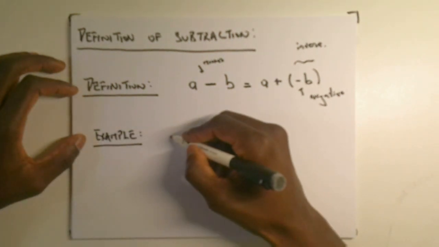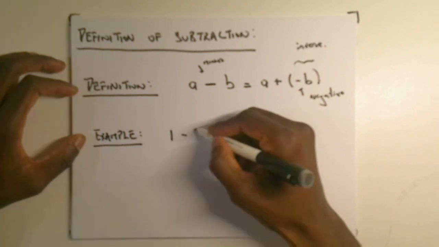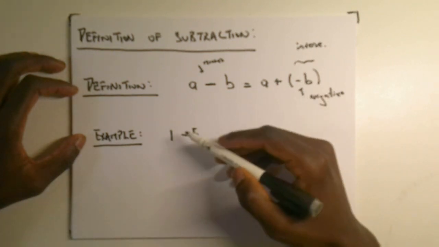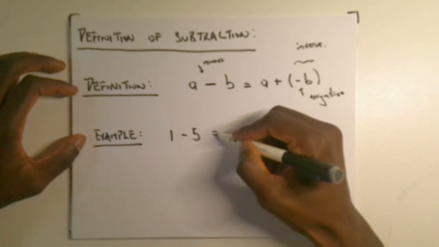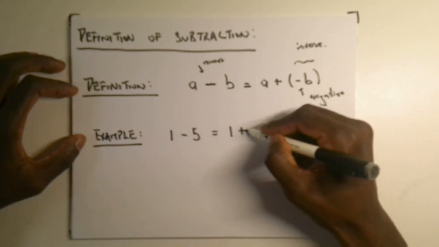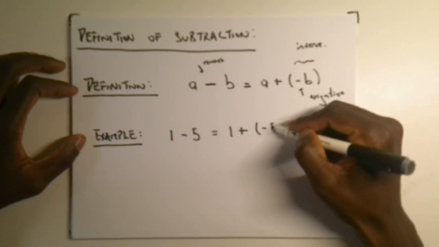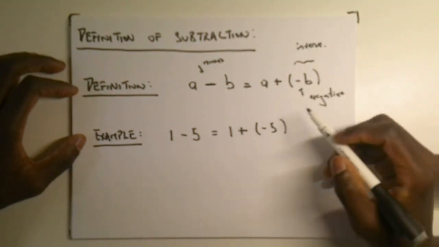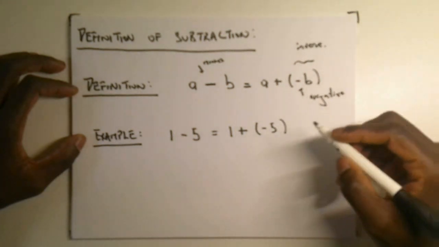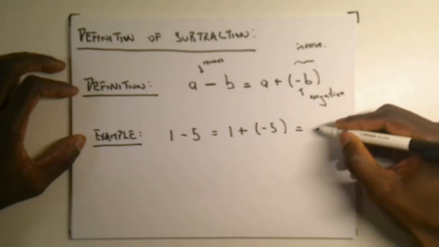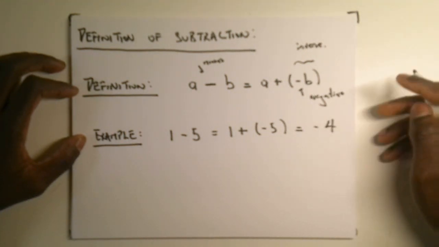So we can change, let's say we have the problem 1 minus 5, right? So I say 1 minus 5, this is equal to 1 plus negative 5, right? And if I had to simplify this problem, this will give me negative 4.